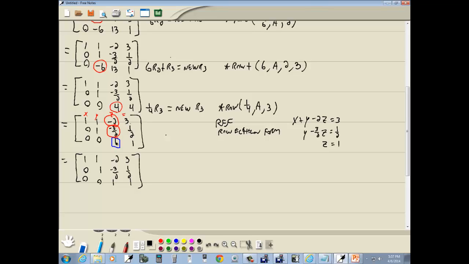Okay, I'm going to multiply this 1 here by 3/2, and then add to this negative 3/2 to get a 0 here. So I'll take 3/2 times row 3, and I'll add that to row 2 to give us our new row 2. And down here I'll take this times 2, and then add it to the negative 2 to get a 0 there. So we'll take 2 times row 3, and add that to row 1 to give us our new row 1.